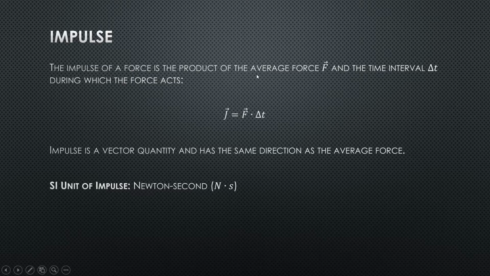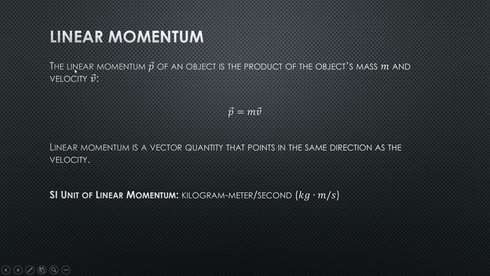Force vector is the average force, and the change in time is the time interval during which the force acts. Impulse is a vector quantity and has the same direction as the average force. The SI unit of impulse is Newton second, since the unit of force is Newton and the unit of time interval is seconds. The linear momentum of an object, denoted as p vector, is the product of the object's mass and its velocity.